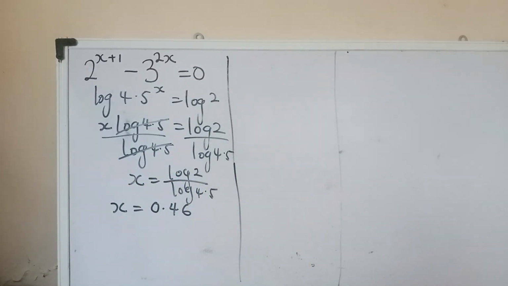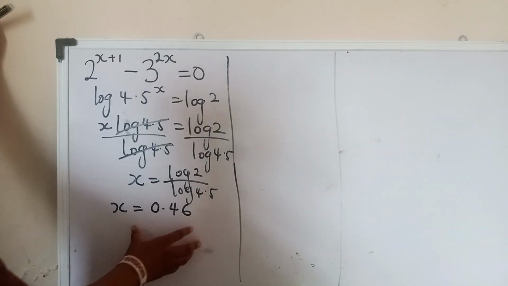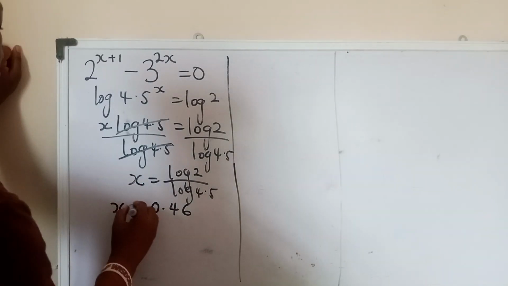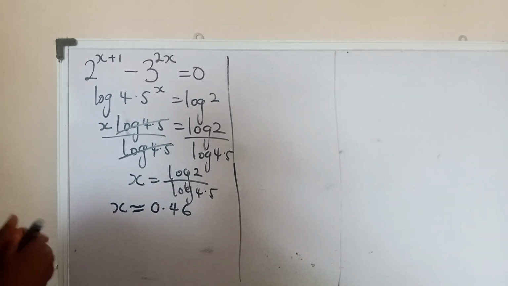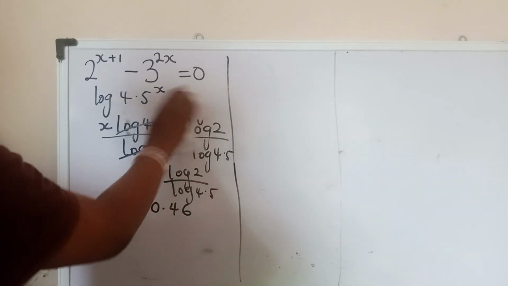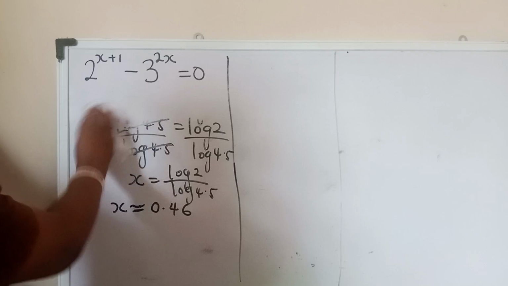Let's verify that. Okay, so that's correct. Our value for x is approximately 0.46. So we are going to substitute this value for x in the equation given to us.